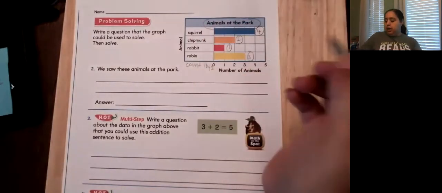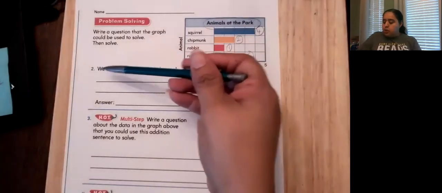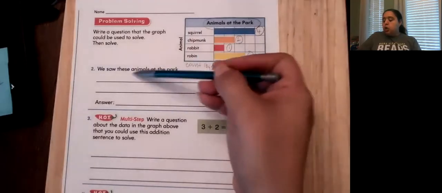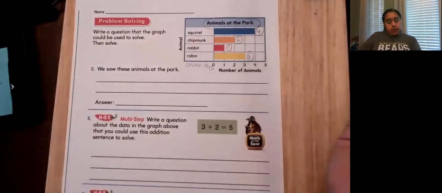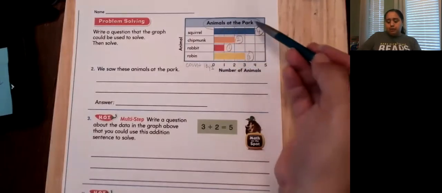We see here that number 2 says, we saw these animals at the park: squirrel, chipmunk, rabbits, robin. Now you have to write a question. Let's pretend you're the teacher and you are writing a question for your kids. What question can you ask your students about this graph?